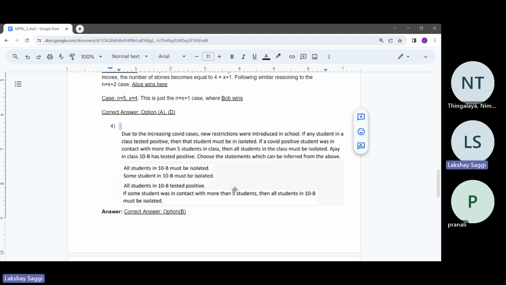Maybe Rajiv came in contact, and then the students need not be isolated because Rajiv was not COVID positive. But in option B, we know for sure that Ajay must be isolated because Ajay had tested positive. But in option D, we don't know for sure if Ajay came in contact with more than 5 students. The student who came in contact with 5 students might have been Rajiv and not Ajay.